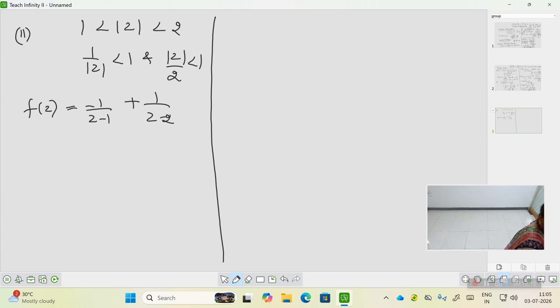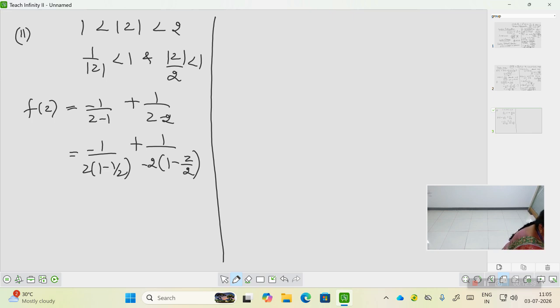Now I'm going to take the terms out. Here 1 by z is less than 1 and z by 2 is less than 1. So minus 1 by, if I take z out, I'll get 1 minus 1 by z, right? Plus 1 by, here I need mod z by 2 less than 1, so I have to take minus 2 out. So 1 minus z by 2.